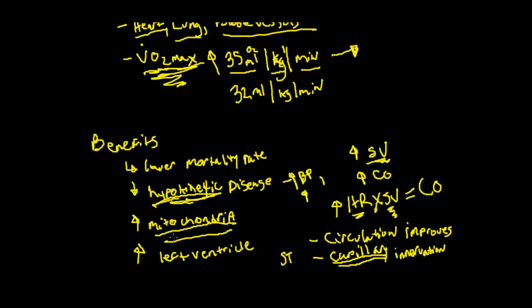Mitochondria will increase inside the cell, so those are our powerhouses of the cell to help generate more ATP when we do aerobic training. The left ventricle of the heart becomes larger and more pronounced, so therefore it can pump more blood per beat. So there's our stroke volume. Not only can it fill up with more blood, that's the stroke volume, it can pump more blood per beat because it is stronger, so it can pump harder, so the heart rate goes up, and then stroke volume increases, and then cardiac output increases.